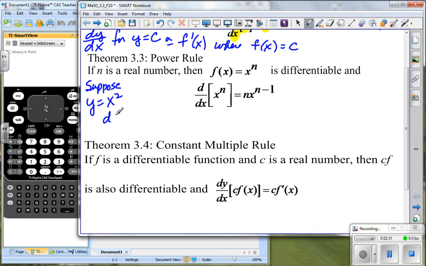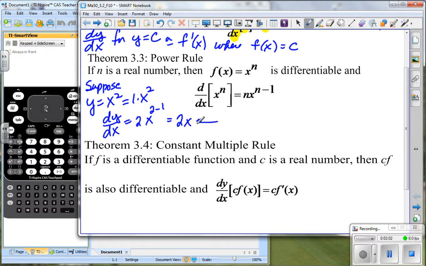Then the derivative of our function with respect to x would be, and what I'd like to explain is what comes down here in the constant multiple rule, is that this is equivalent to 1 times x squared. So our coefficient is 1, multiply the exponent times the coefficient, and then subtract 1 from the exponent. So our derivative would be 2x.